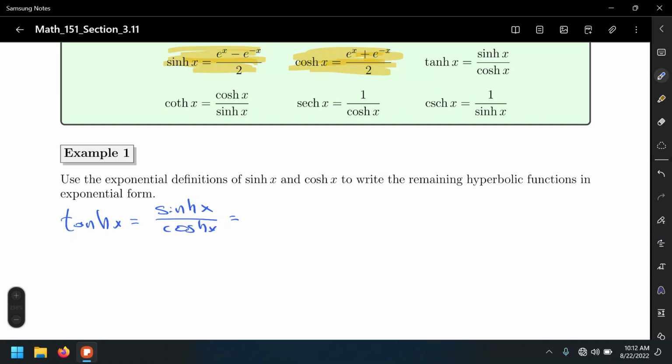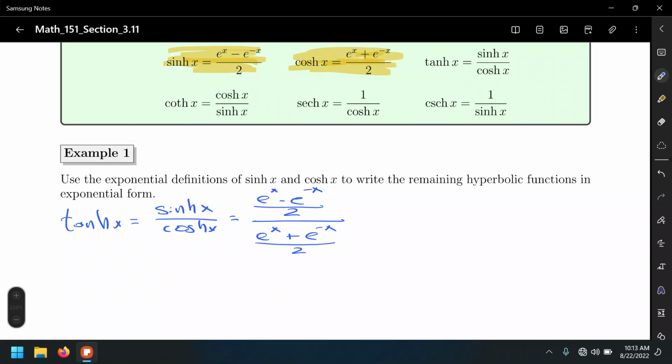From here we can use the definitions in terms of exponentials. We know sinh is e to the x minus e to the negative x over 2, the whole thing over e to the x plus e to the negative x over 2. Those are the two definitions of sinh and cosh respectively.